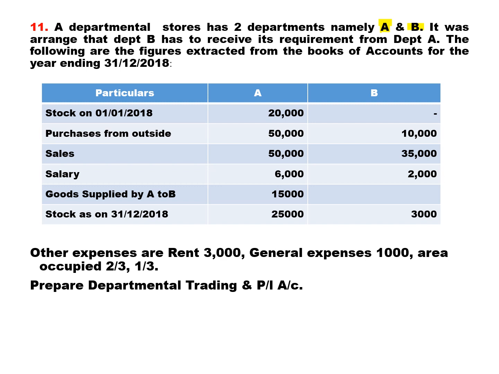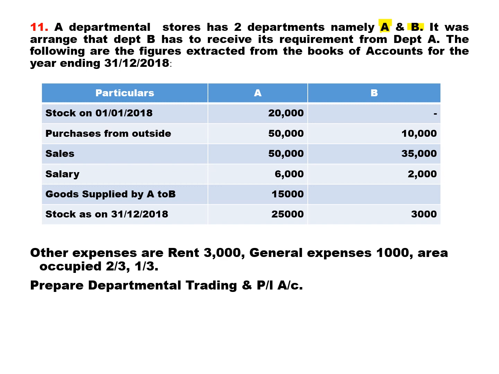So the purchases of B have to be obtained from A. So this is called interdepartmental transfer. A you need to record in the credit, B you need to record in the debit.